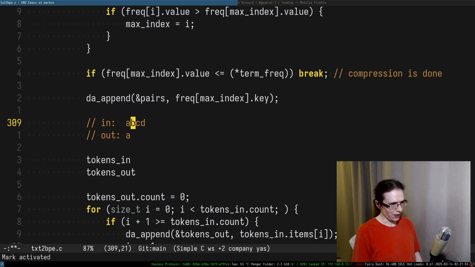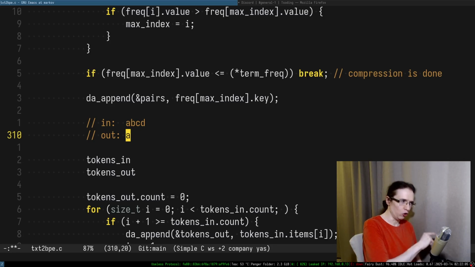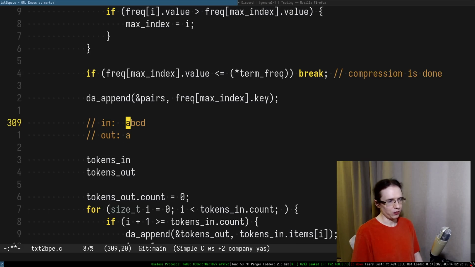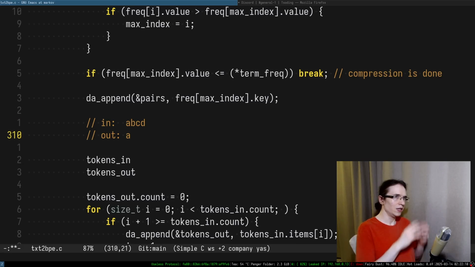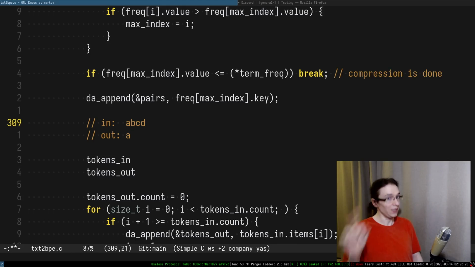Because of that, I have to subtract the frequency not of the A-B pair, but of B and whatever we have in the output, because maybe we have something that we already replaced in here. So essentially, when in this process we look into the past, we must look into the output, but when we look into the future, we have to look into the input.